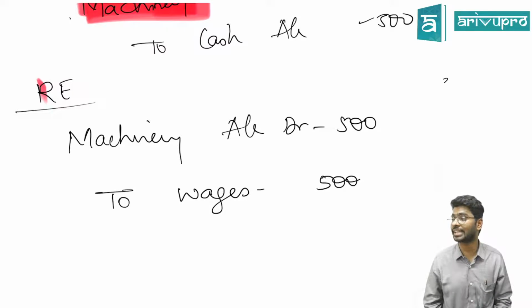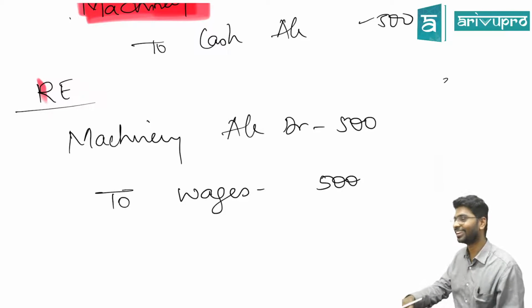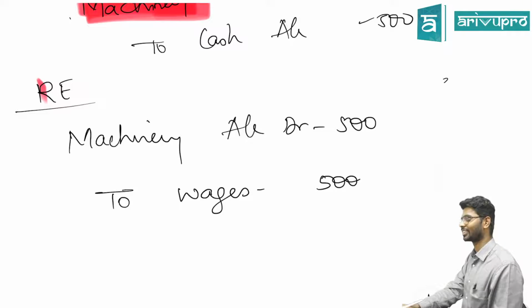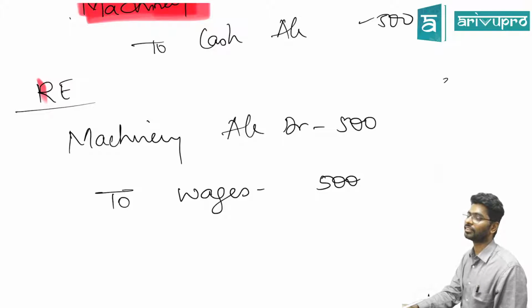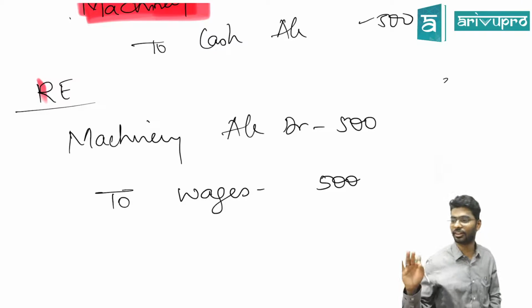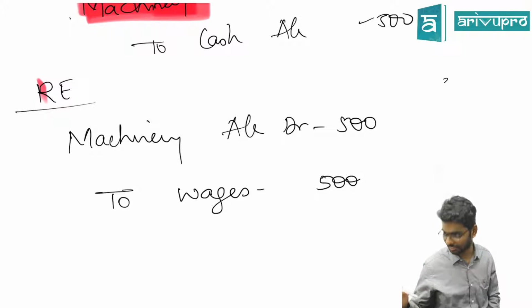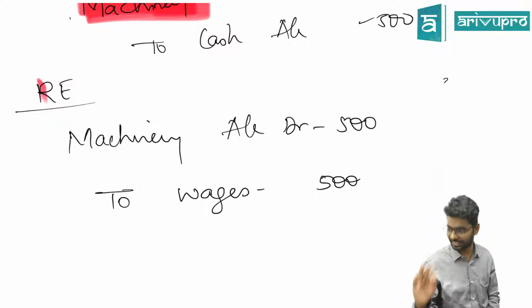How many of you guys have a problem now? This journal entry, how many of you have a problem? You tell, madam. But generally, if you ask, will the trial balance be affected? You are asking with reference to the tallying of trial balance or the entries first? When we say trial balance is getting affected, it only talks about whether debit total is equal to credit total.